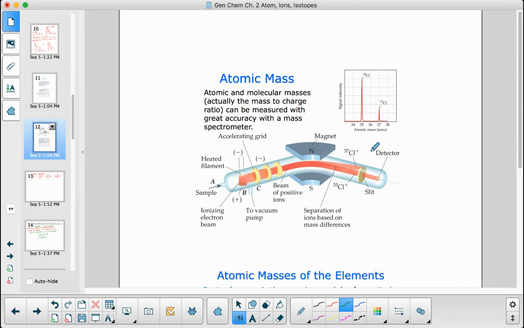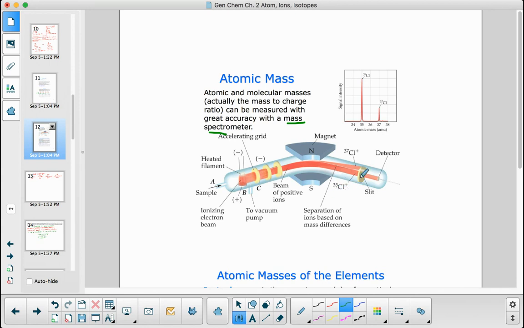Okay, so we can talk about the mass of these isotopes and how to measure it with an instrument called a mass spectrometer. It very accurately compares the mass of different isotopes of one element. So let's say we have chlorine 37 and chlorine 35. 35 is the more common isotope.